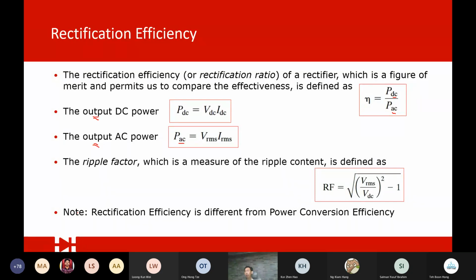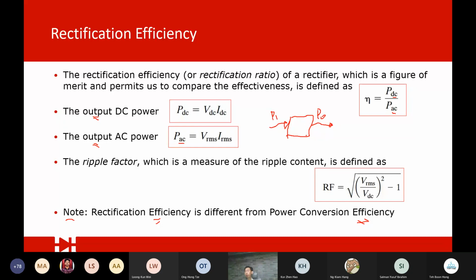I put a note here: rectification efficiency is different from power conversion efficiency. Don't confuse these two. They look alike, but they are totally two different things. Power conversion means that if you have any power converter, you measure the power of input and then the power of output, regardless of AC or DC.